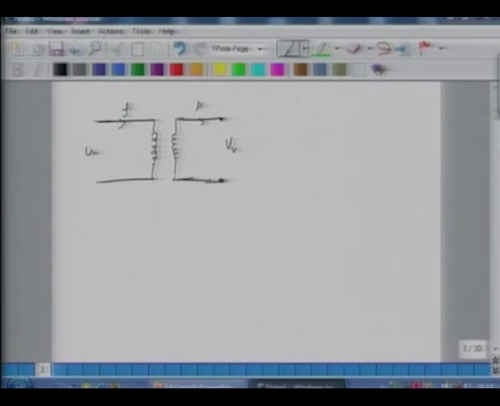So from here you can see that, we know that VV, volume velocity, is essentially velocity times area. Area of what?